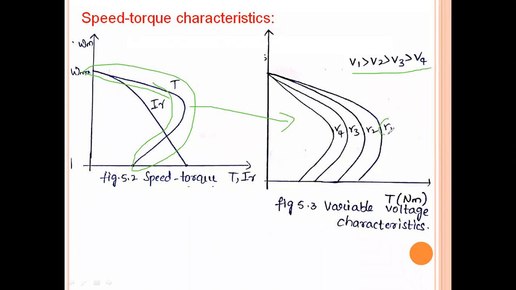See, V1 is the highest amount of voltage, V4 is the lowest amount of voltage. V1 magnitude is always greater than V4. So V1 is greater than V2, V2 is greater than V3, V3 is greater than V4. So that means V4 value is very low, V1 value is very high.